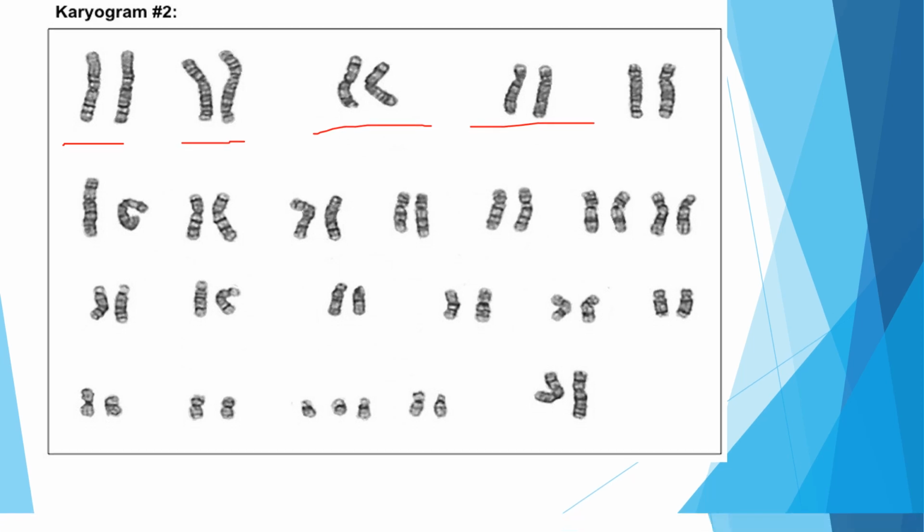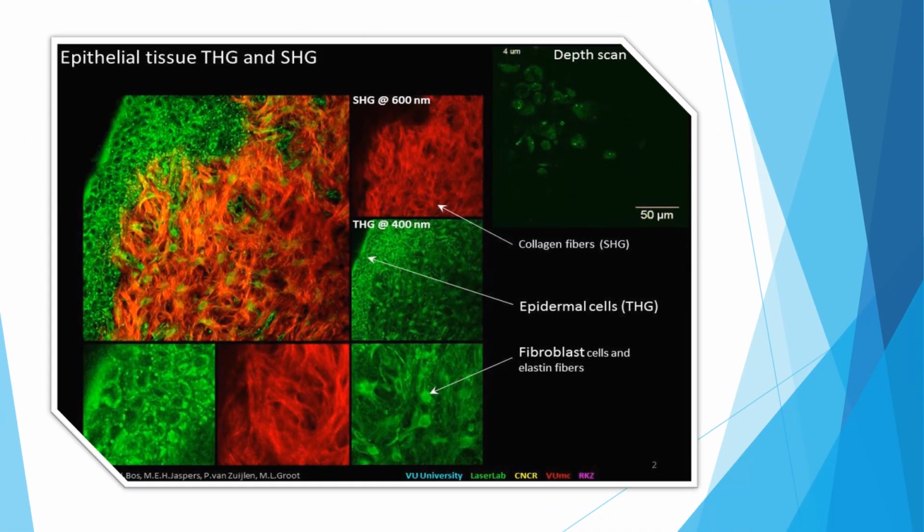And the next image which you can see is a tissue image. Yes, it looks quite complicated, but don't worry. It's reality. It's how we look. You can see collagen fibers and elastin fibers.